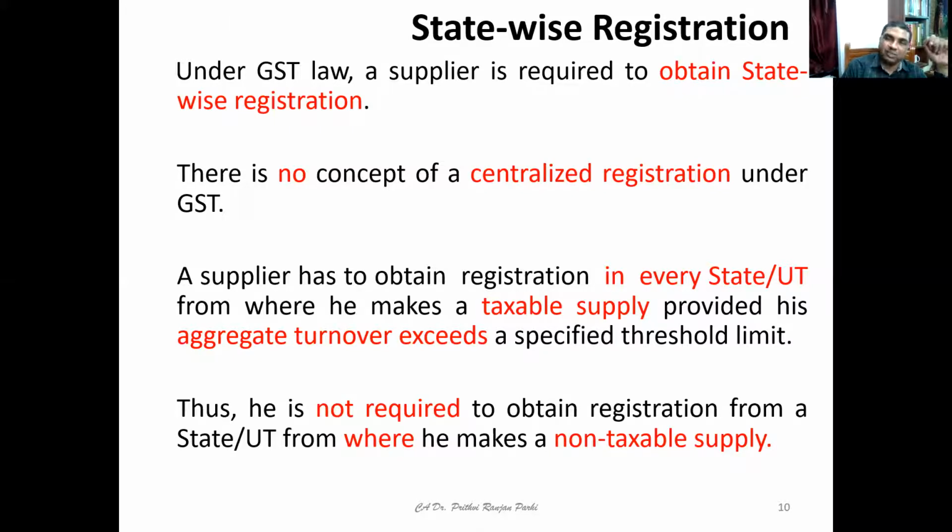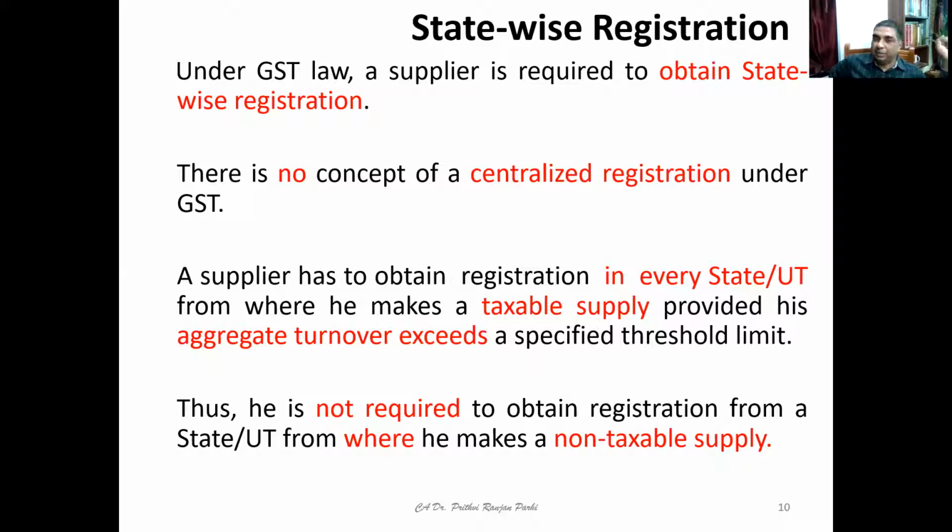State-wise, what is the taxable supply, what is the aggregate turnover, all these things. Then only one can decide whether registration is required or not. This also means that a person need not obtain registration from a state or union territory from where he makes non-taxable supplies.